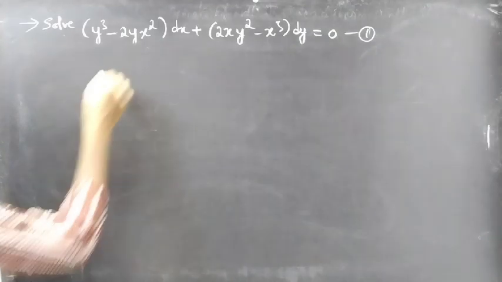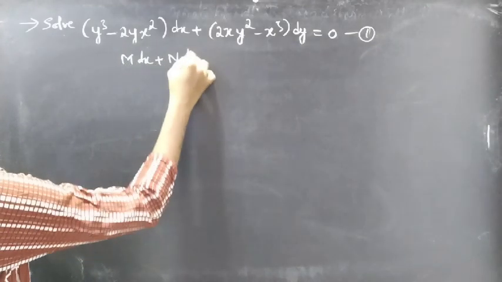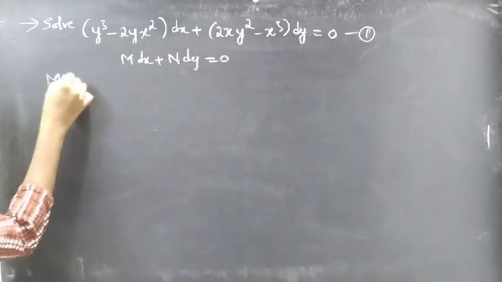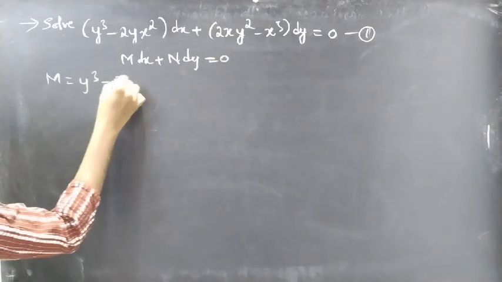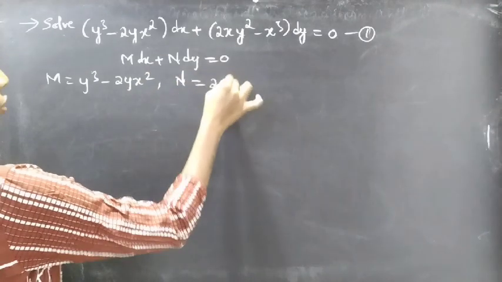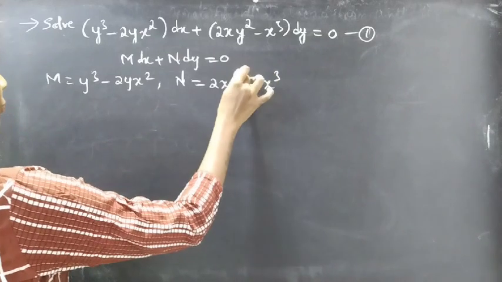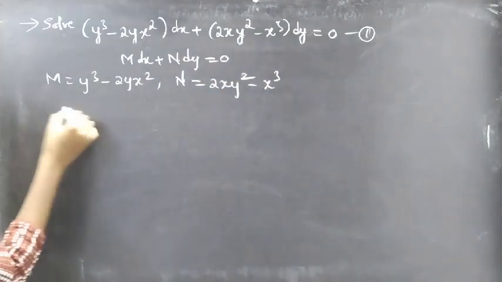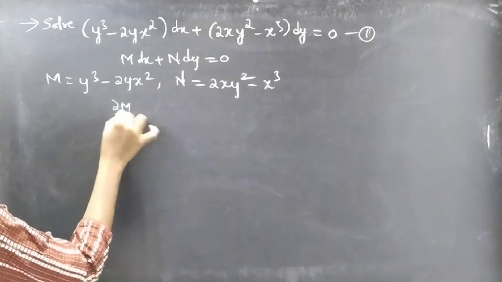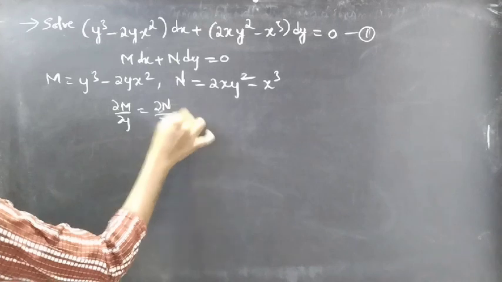As I said earlier, the given differential equation is in mdx plus ndy equal to 0 form. That is the standard form, where m is y cube minus 2yx square and n is 2xy square minus x cube, right? So equation 1 is exact if dou m by dou y equal to dou n by dou x, right?